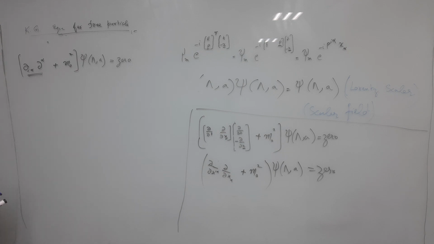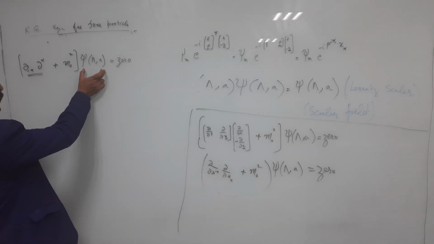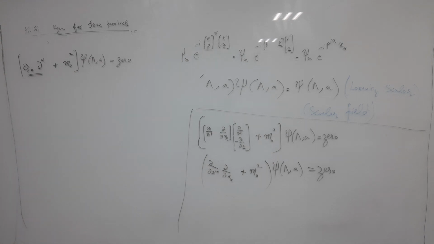So this field is defined as a Lorentz scalar field. We will discuss the vector field in upcoming lectures. This will be equal to 0.